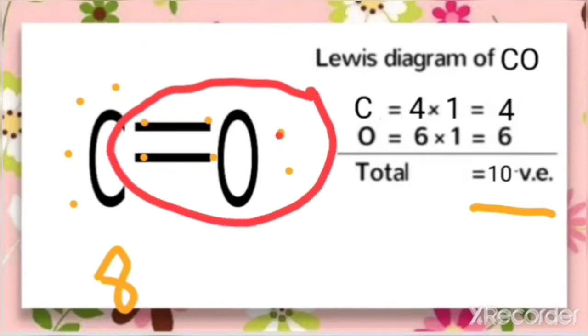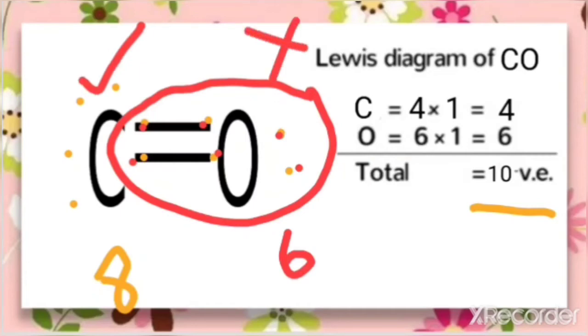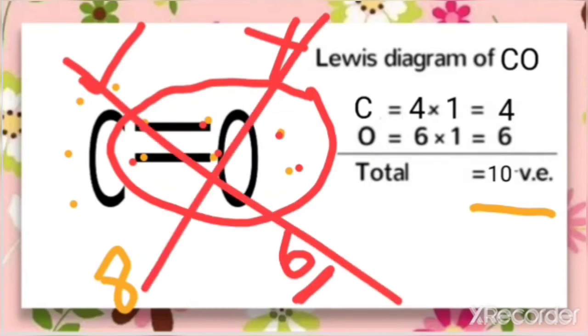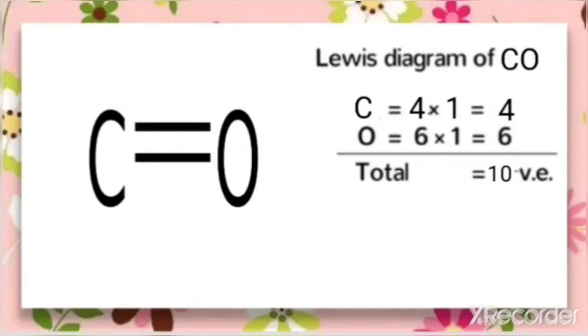Count here. 1, 2, 3, 4, 5, 6. 6 electrons. So carbon is satisfied, oxygen is not satisfied. Why? Because it is 6. There should be 8. So we can say that this is not the correct structure. So after keeping the double bond also, we are not getting the correct structure.